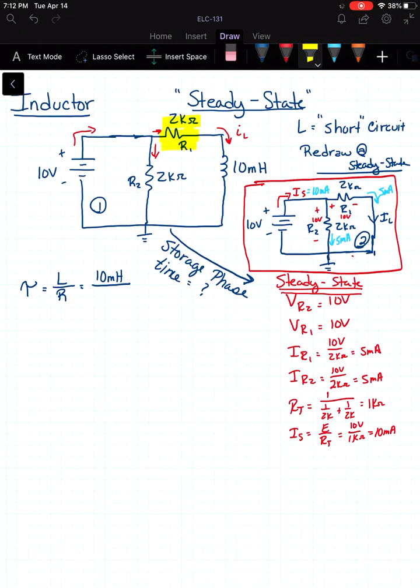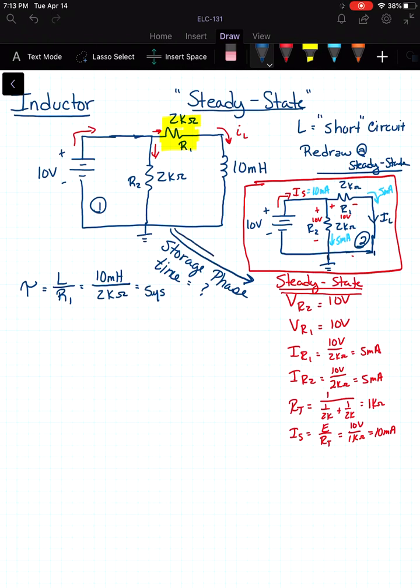Now, if you had learned about Thevenin's equivalent circuit theorem, you would know which resistor to use. Since we have not done that, and we won't get to that in this class, I will actually give you the fact that I want you to use R1 there. So if you need to know, I will tell you that. So what we find is that the time constant for the circuit is 5 microseconds.